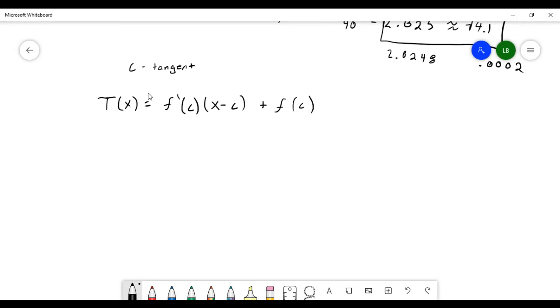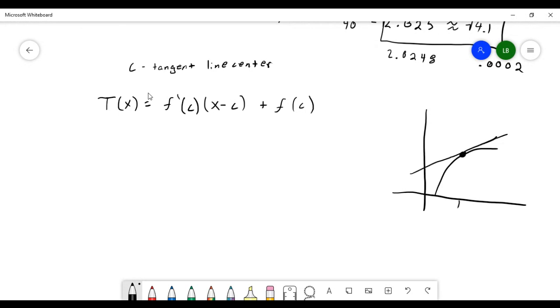Or the center of our tangent line. And essentially all it looks like is if we've got some equation like this, that would be our tangent line, and our point is centered at x is equal to c.